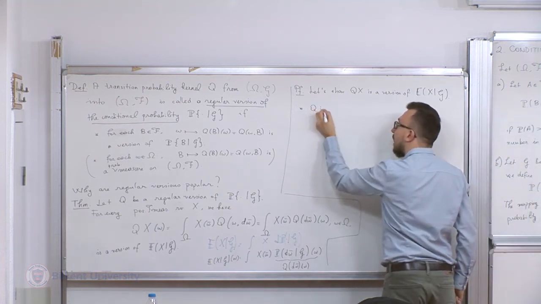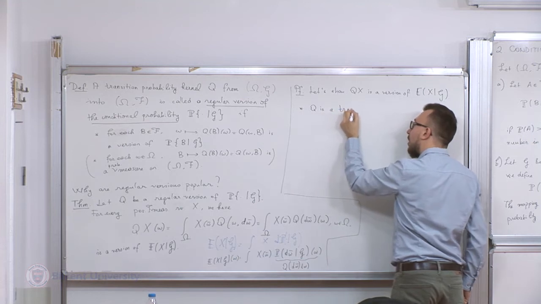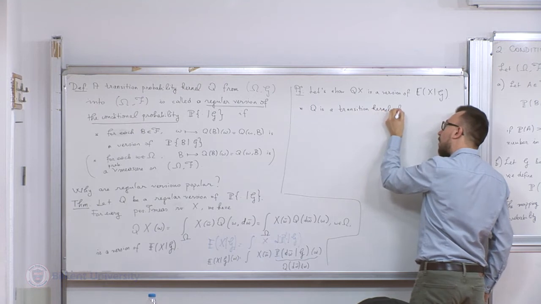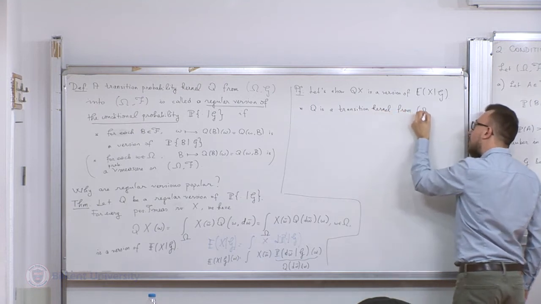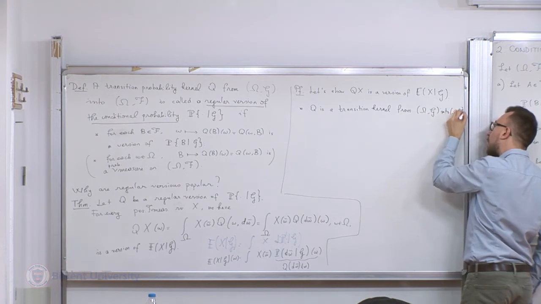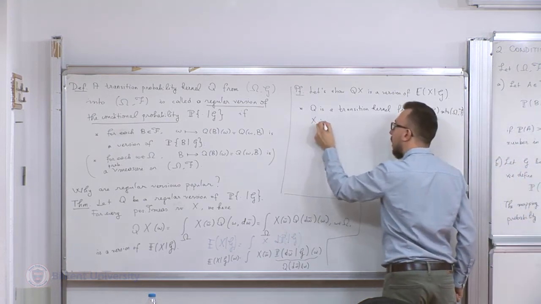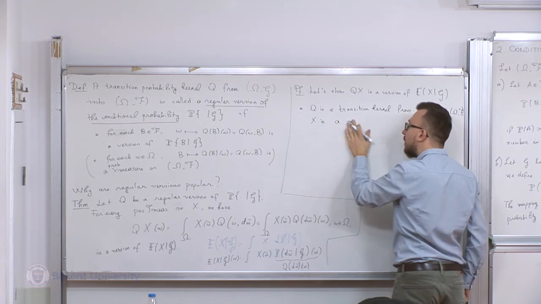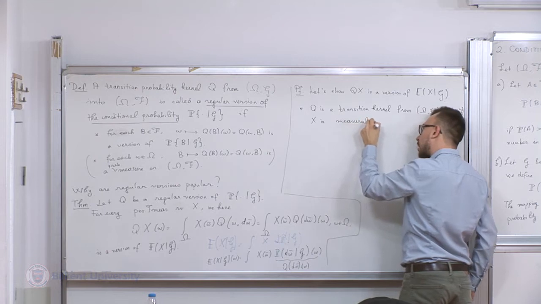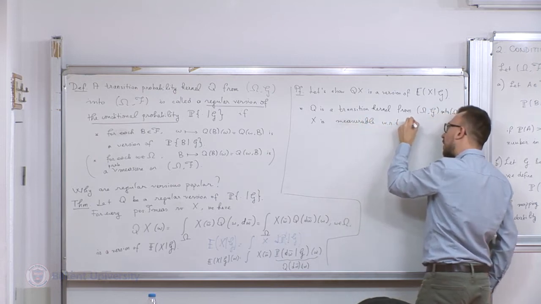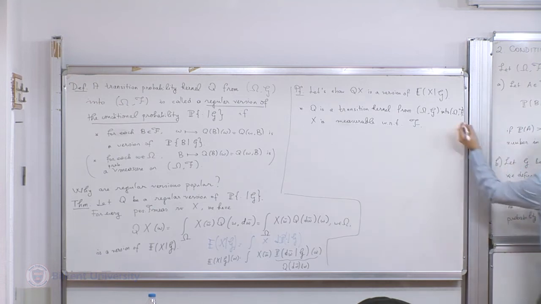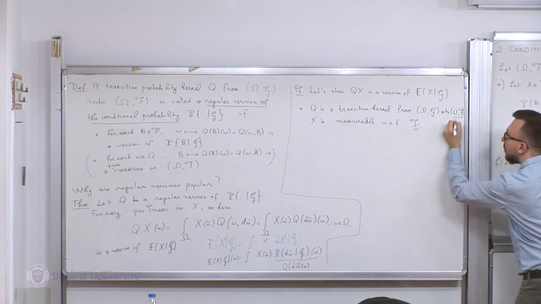Well, Q is a transition kernel from omega G into omega F. And X is measurable with respect to F. So this is the measure part of Q, and this is an F measurable function.